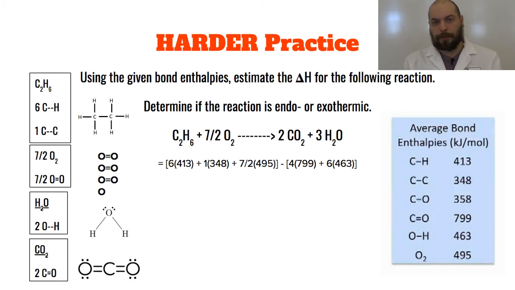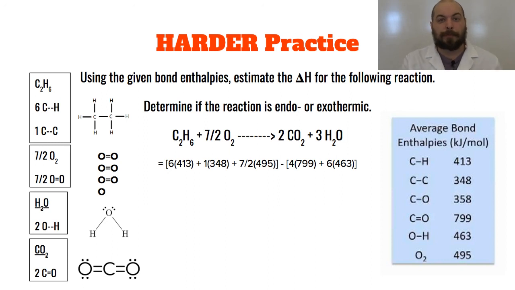If I wanted to multiply the whole thing by 2, I could, but in this format, this balanced reaction happens to be 7 halves. So I'm just going to multiply 495 by 7 halves. I add those two values together, the total energies of bonds within my ethane and within my O2, and I get the total bond energies of my reactants.